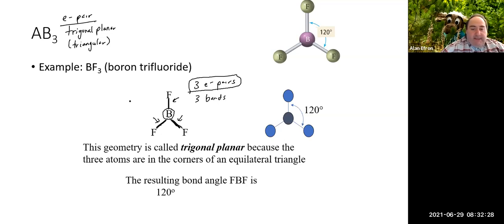Basically, with 3 electron pairs, these guys again try to get away from each other as far as possible. The difference, though, is we now have 1, 2, and 3 bonded atoms there.